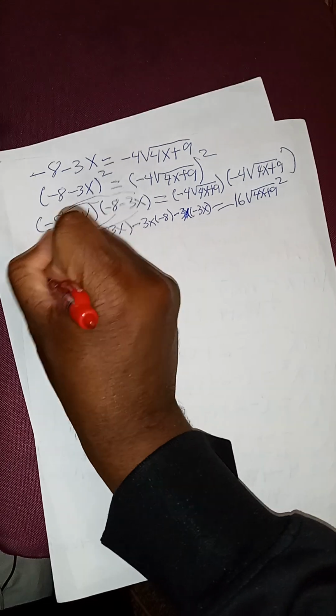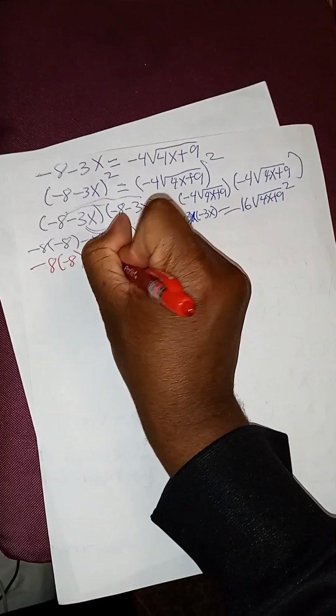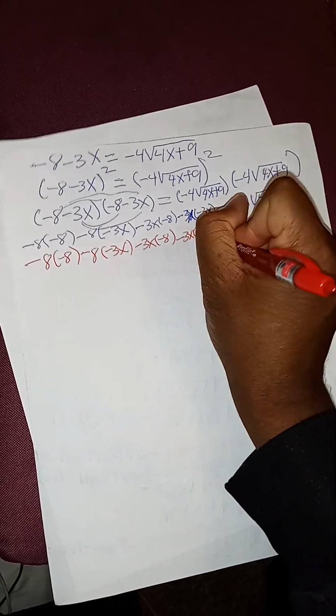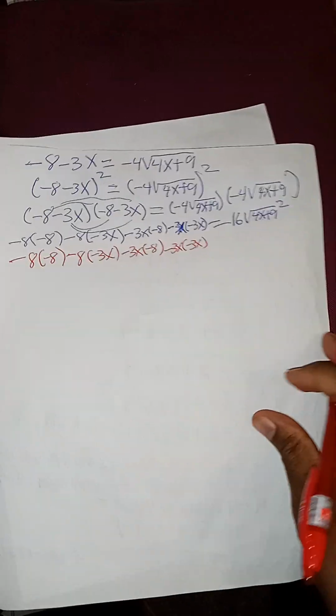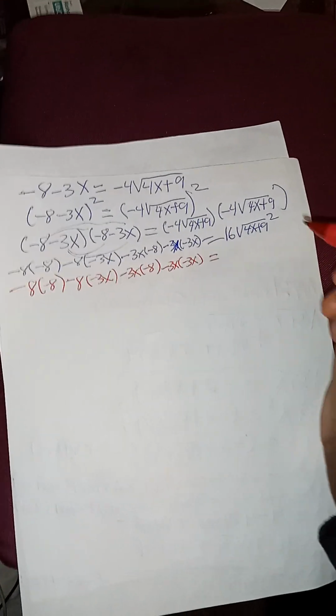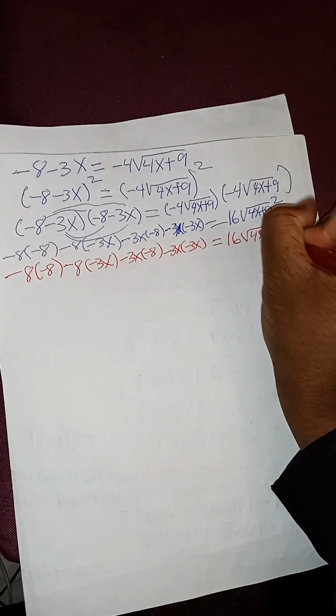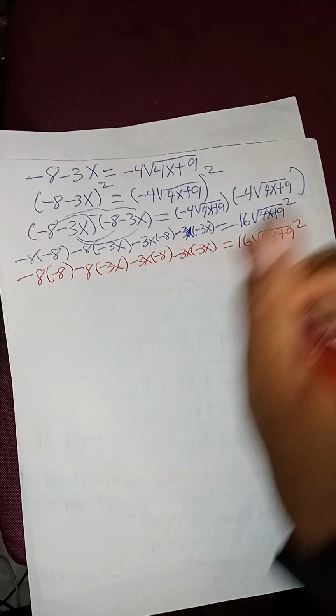So let's rewrite this again. -8 times -8 minus 8 times -3x minus 3x times -8 minus 3x times -3x is equal to 16 square root of 4x plus 9 squared.